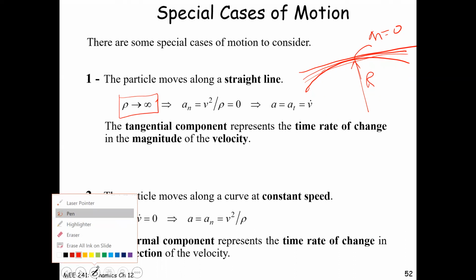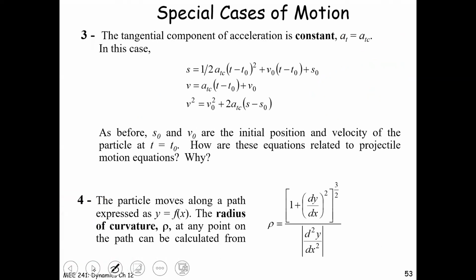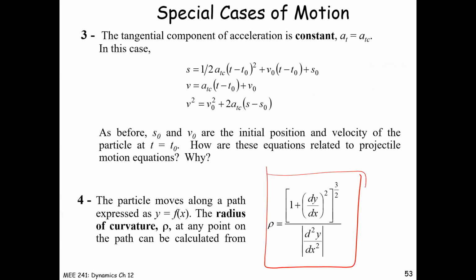I'm pretty sure by now you've got the concept and are ready to start doing some problems, except you still need one more equation, which is the radius of curvature, which I mentioned earlier. So this is the equation that we'll use. If I gave you y as a function of x, that could be a parabola, an exponential function, whatever it is, you will be able to get the rho based on that.